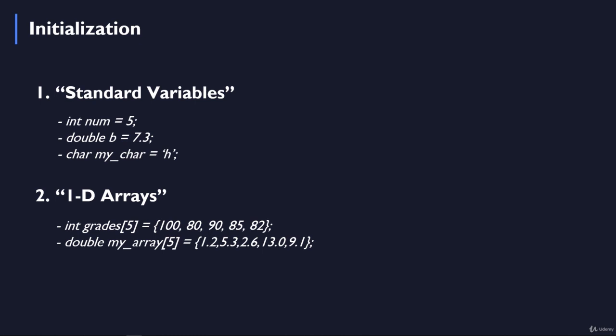It doesn't really matter if it is an integer type, a double type, and so on. Finally, to initialize two-dimensional arrays, we will also use curly brackets, very similar to one-dimensional arrays, but in another way.